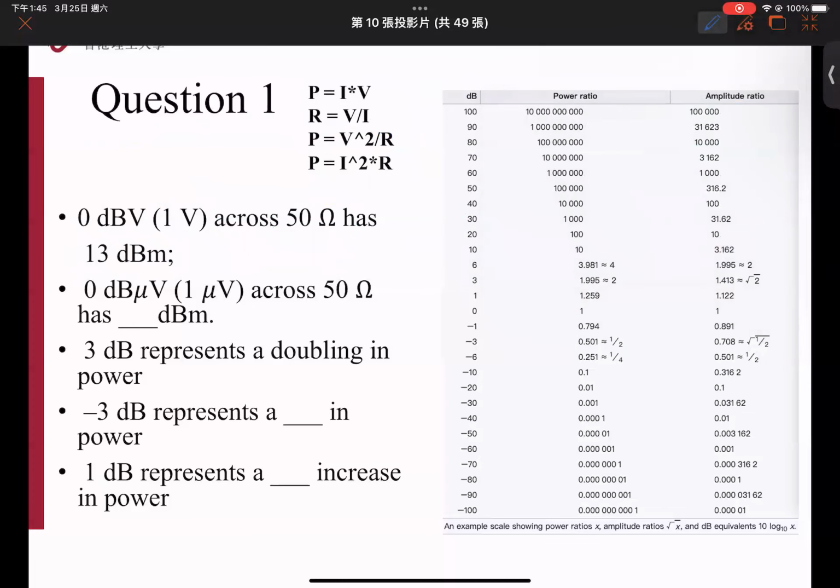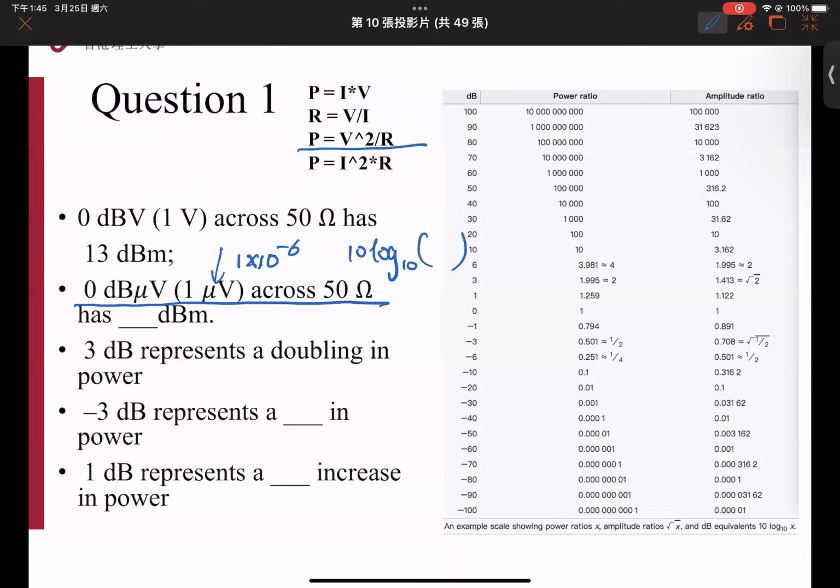Let's do another one. The difference now is that it's milliwatts, which means 1 multiplied by 10 to the minus 6. We apply the same equation, 10 log with 10, and inside we have this equation.